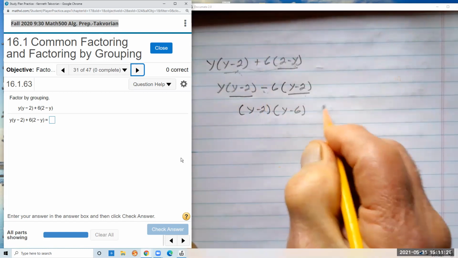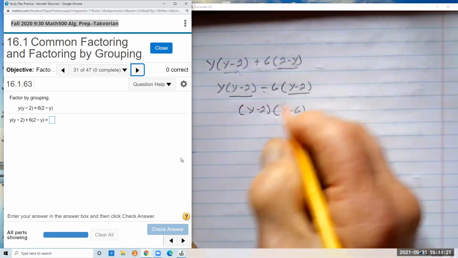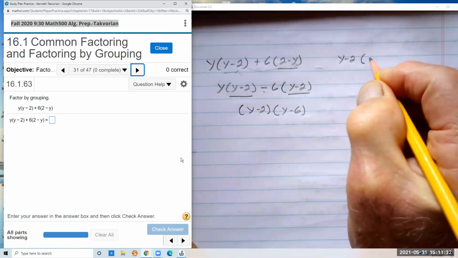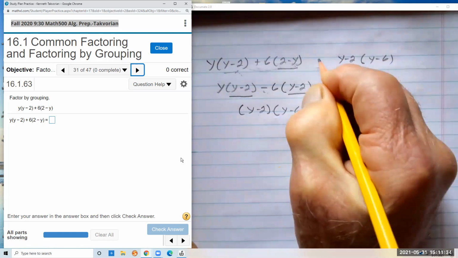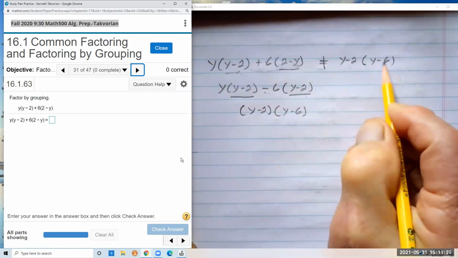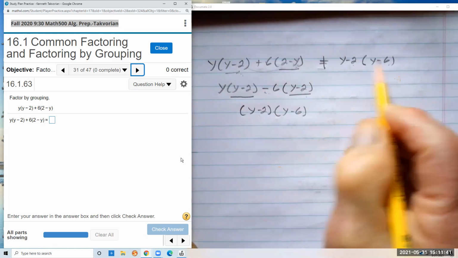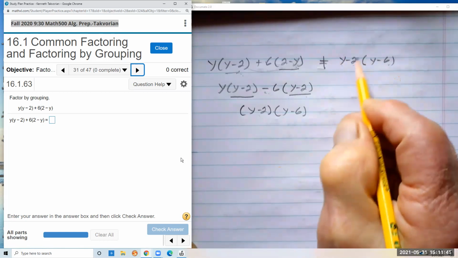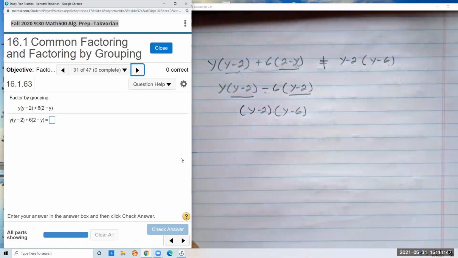If you did not write the parentheses, if you wrote y minus 2, parentheses, y minus 6, that would not be correct because this says negative 2 times the group, not the y also times the group. So be careful. The parentheses are a must.